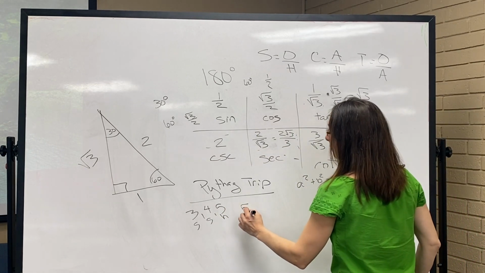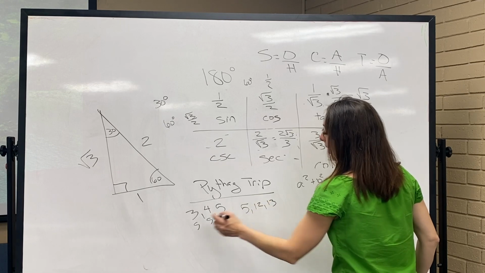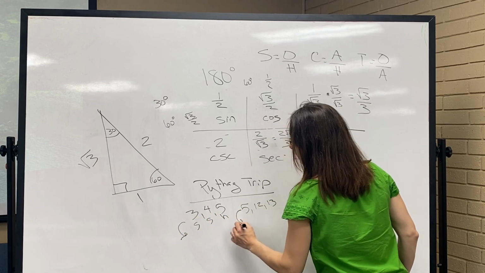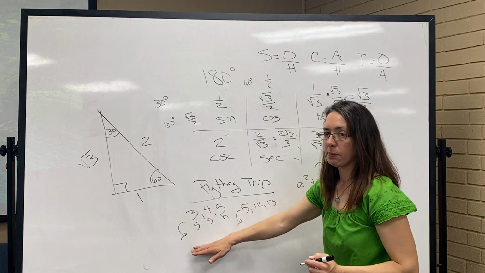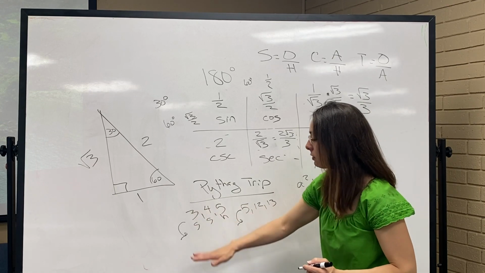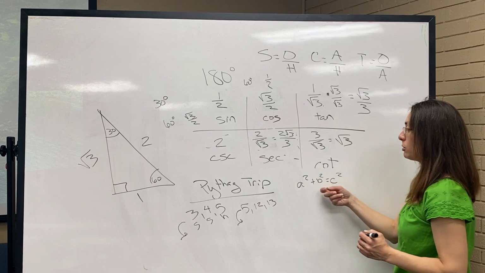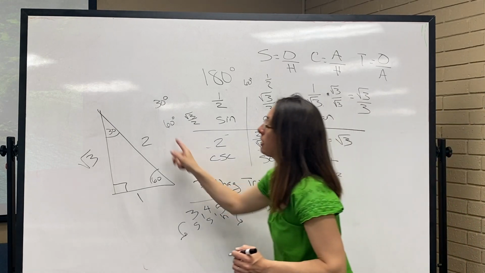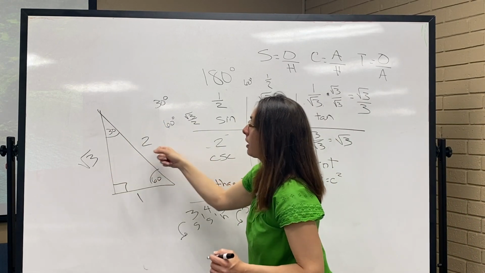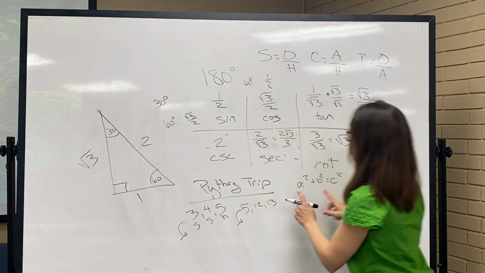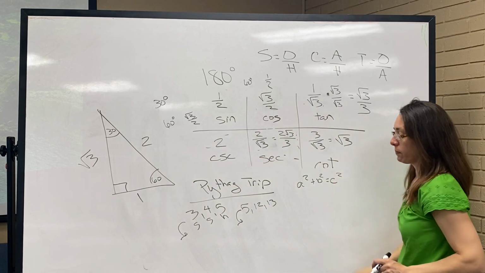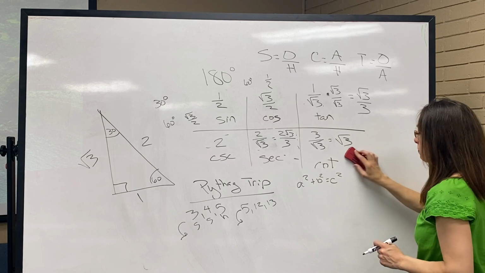We also had 5, 12, 13, and any multiples of these. So you can multiply all of them by 2, all of them by 3, all of them by 4. Same thing, we can work our way down, and those are special values that automatically fill in our sides and hypotenuse without having to do the work of the Pythagorean theorem.